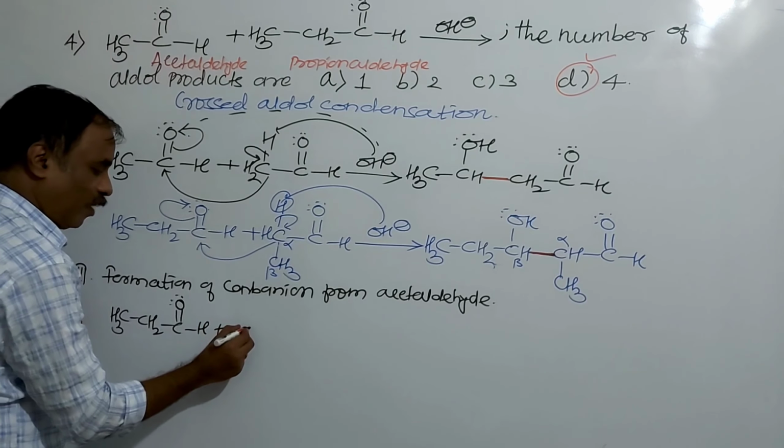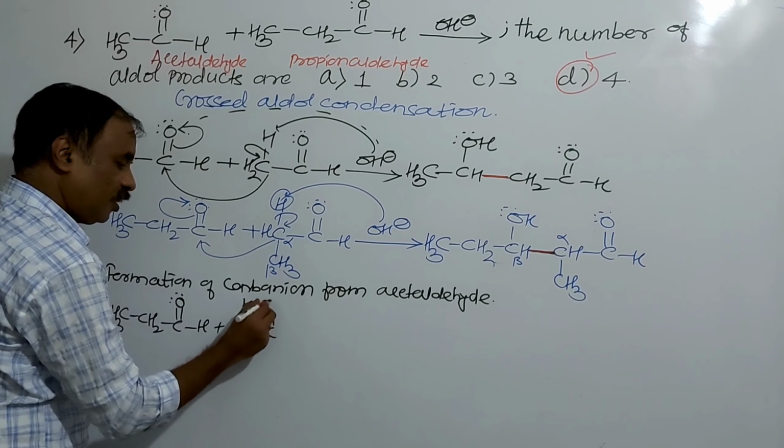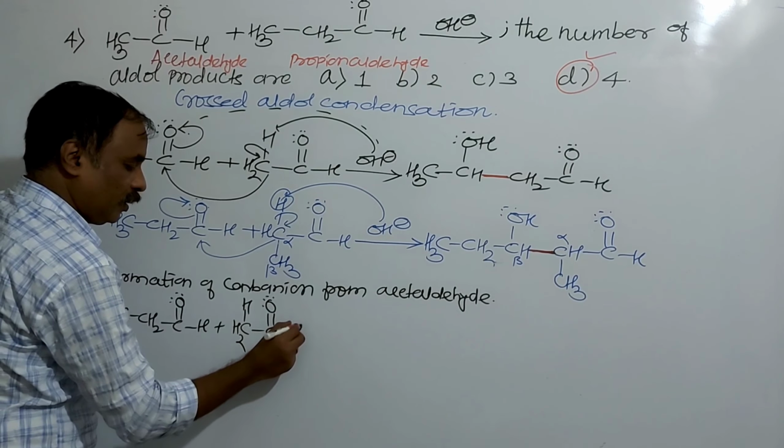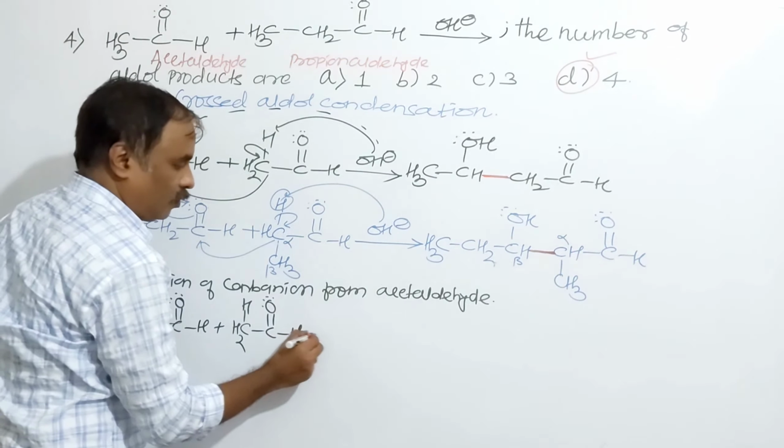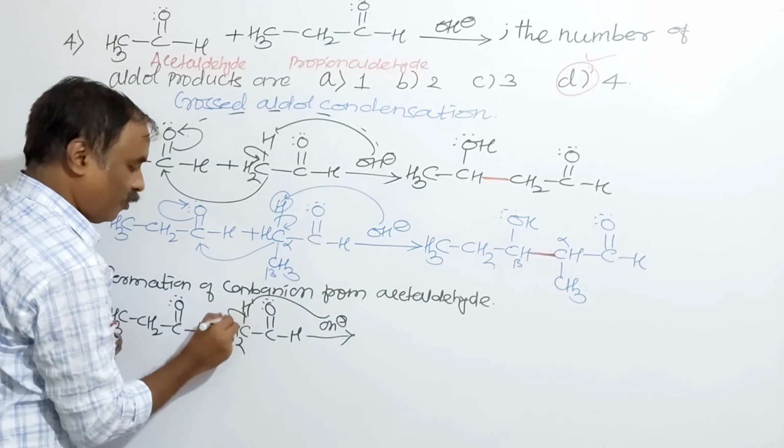Now formation of carbanion from acetaldehyde, CH3CHO. The base will take an alpha hydrogen, forming a carbanion.